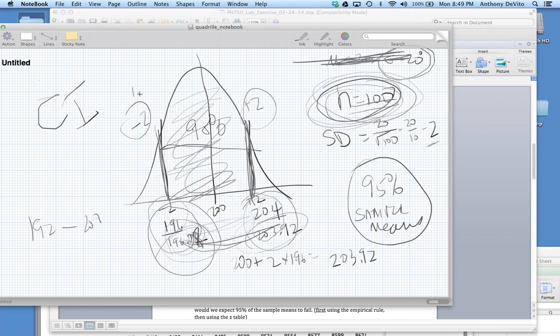It's really 1.96 standard deviations below the mean and 1.96 standard deviations above the mean that contains 95% of the distribution. The empirical rule is just an estimate, not a law. It's a guide, not the exact number. The exact number is 1.96 below, 1.96 above.